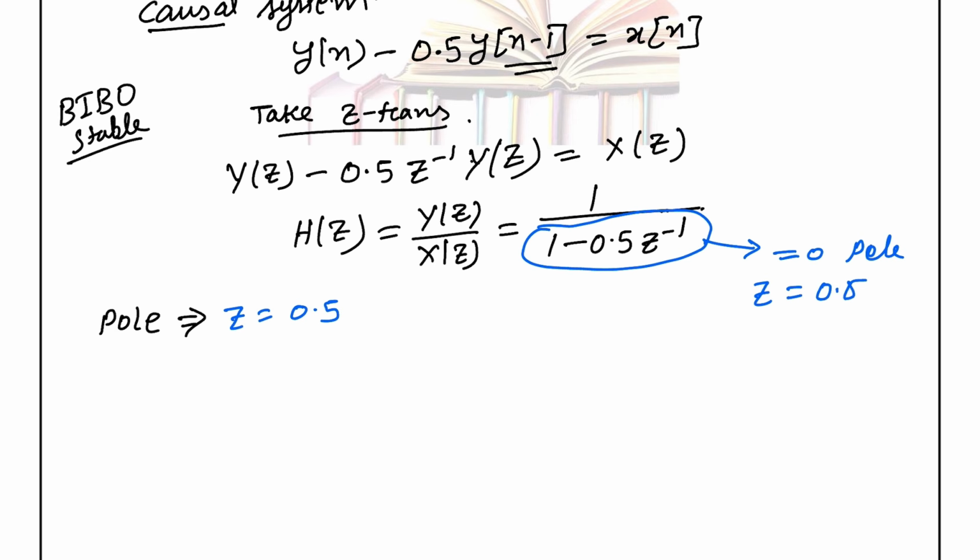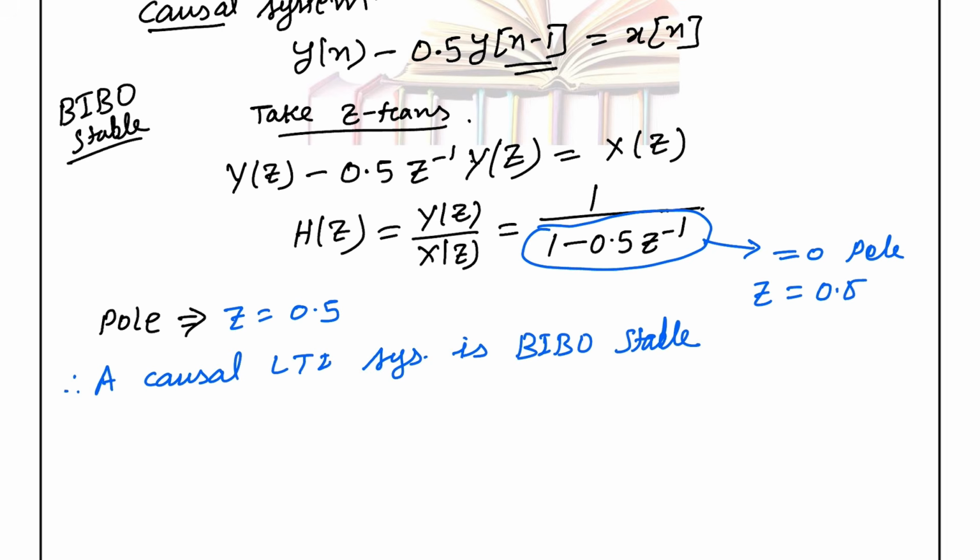Now, therefore, we also know a causal LTI system is BIBO stable if all poles are inside the unit circle.